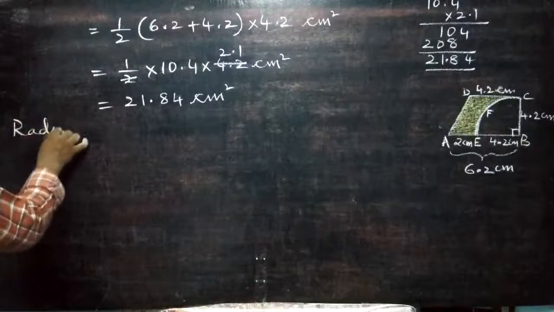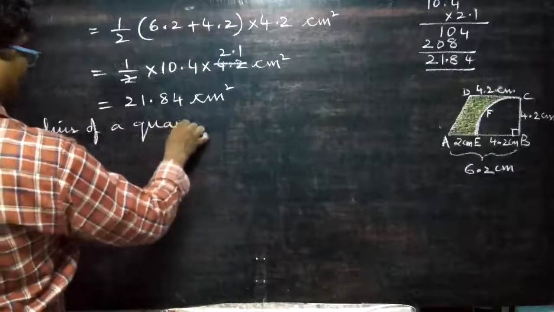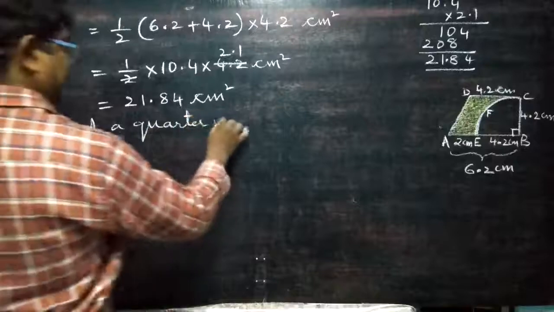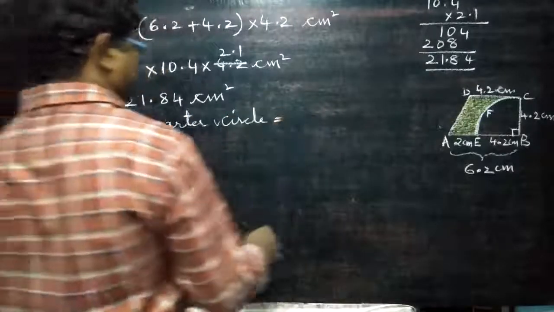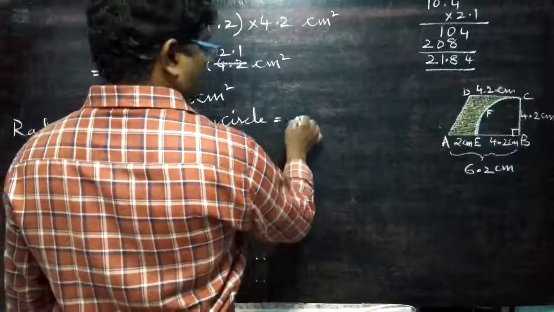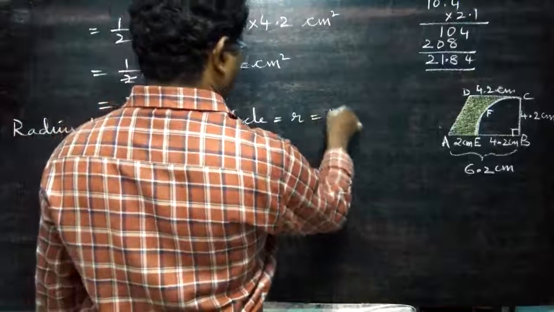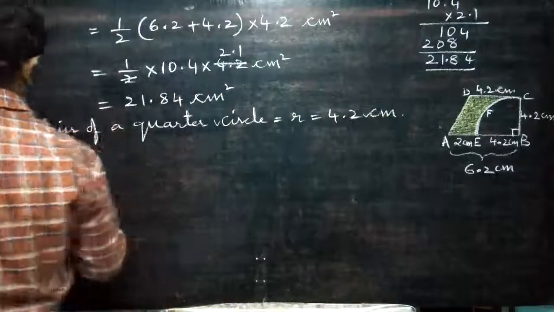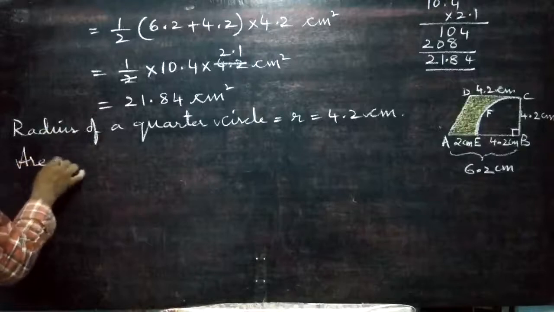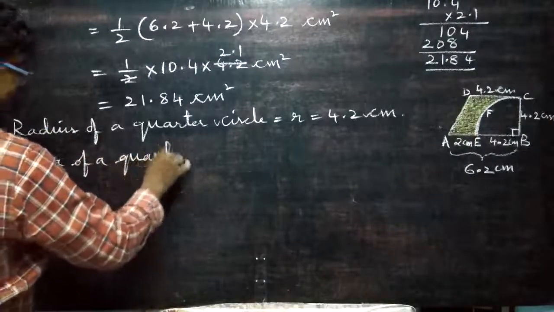Next, radius of a quarter circle, 1/4 of a circle, quarter circle, that is equal to 4, r is equal to 4.2 centimeters. Now, area of a quarter circle.